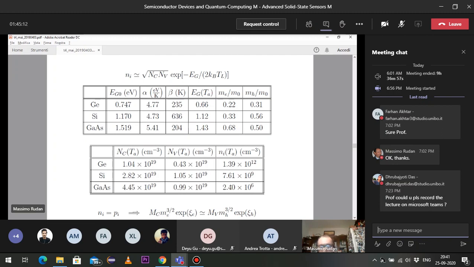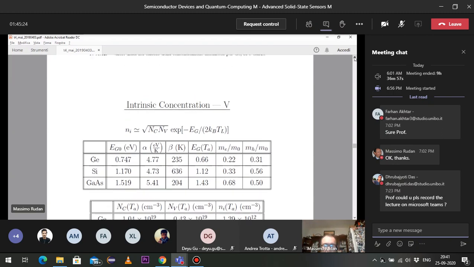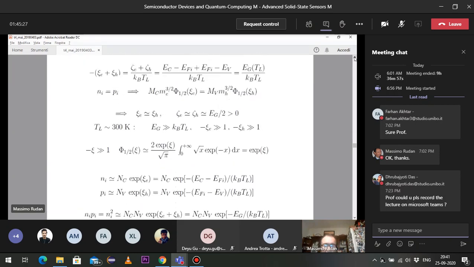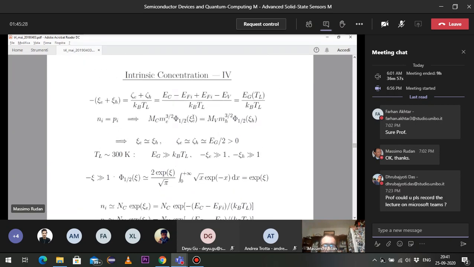At this point, since we know that we can safely use the exponential approximation for the concentration, you remember when we made the estimate, we exploited this equality and we eliminated the coefficients, imposing that the two coefficients are equal, which they are not.